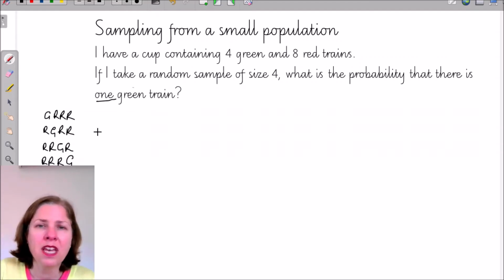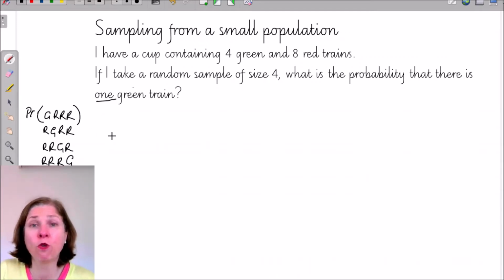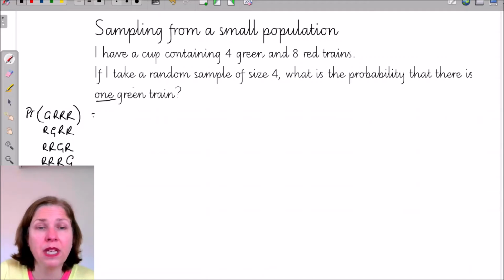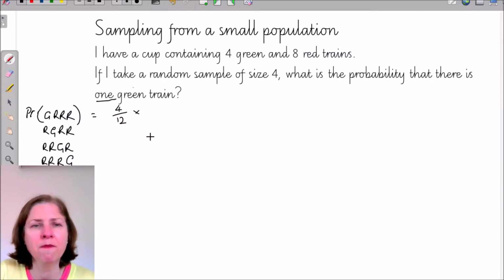So if the first thing I choose is green, there are 12 trains and 4 of them are green. So that's going to be 4/12. I'm not going to simplify it because we're going to look for a pattern here. Now, the next one I choose is red. There are now 11 trains left in my sample, and 8 of them are red.